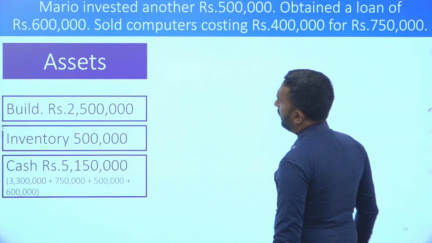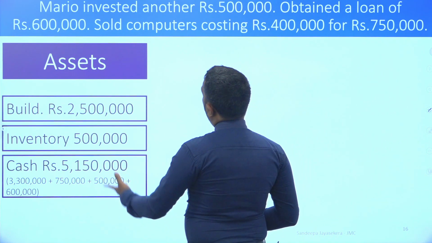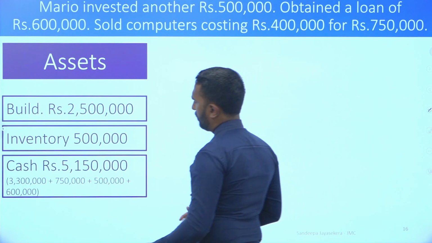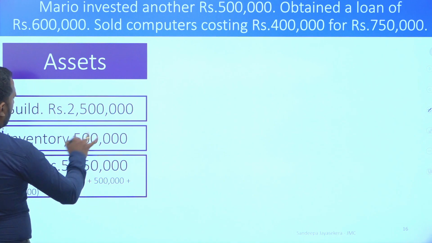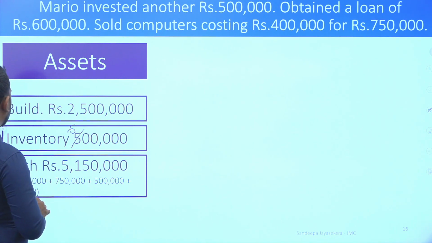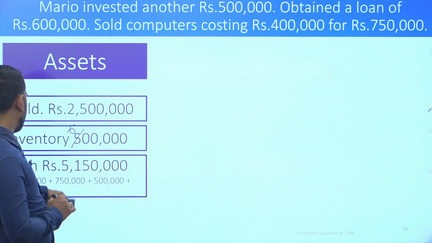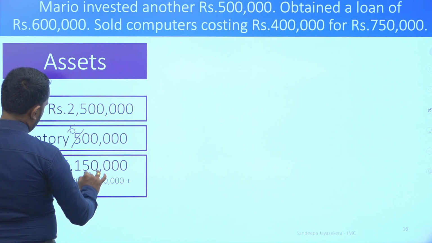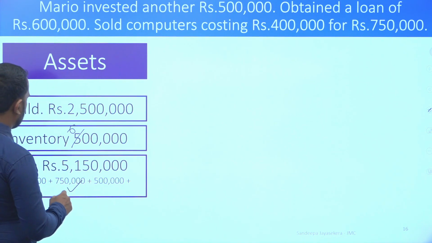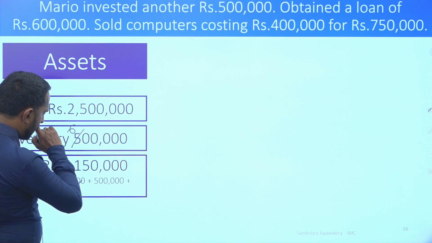So what happens is my inventory, here the figure, sorry. Yeah, there's a small error to be corrected. Inventory reduced by 400,000, though it should be 600,000. And you are getting the owner's capital. Mario invested 500,000, this is the income 750,000.